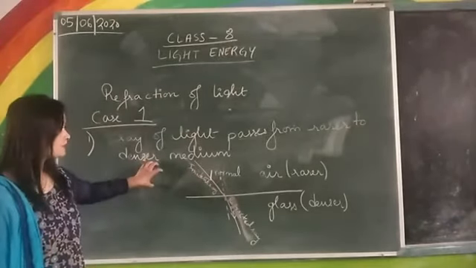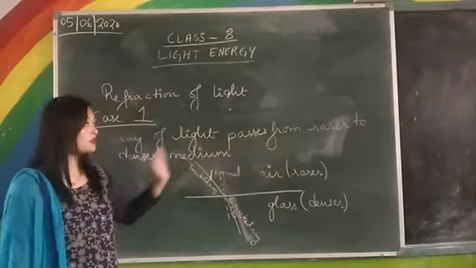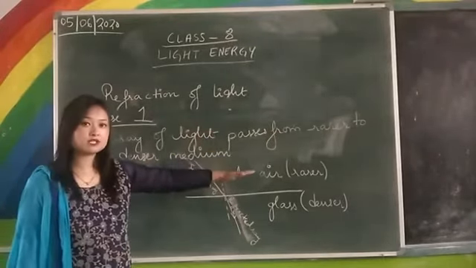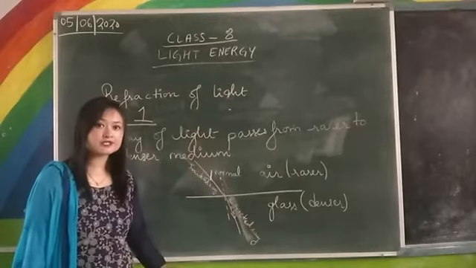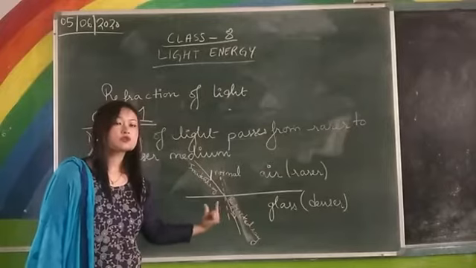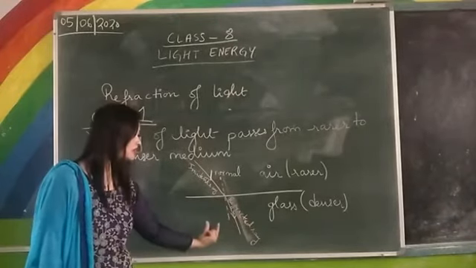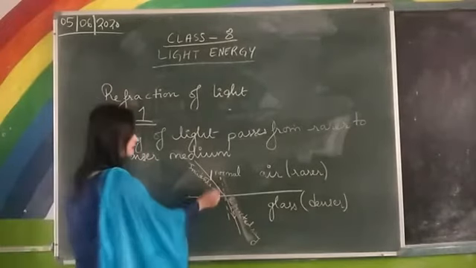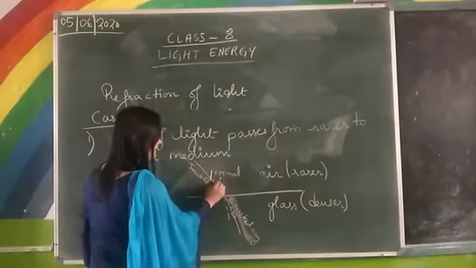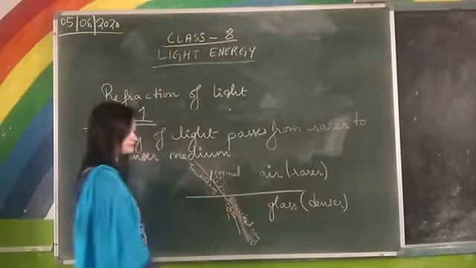So what happens when a ray of light passes from rarer to denser medium? The speed of the light decreases and the refracted ray moves closer to the normal, towards the normal. So here, the angle of incidence is more than the angle of refraction.